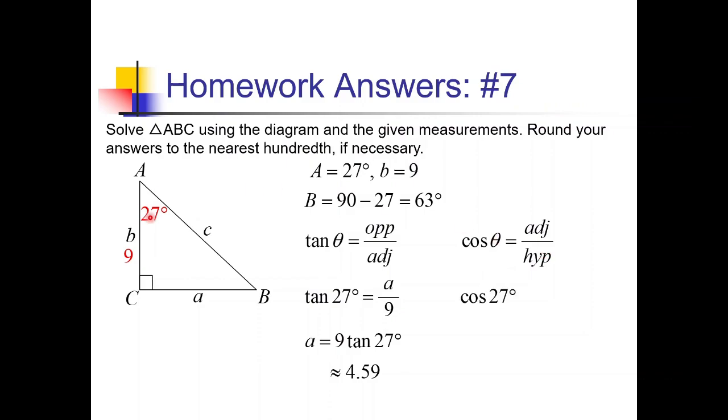So cosine of 27 now equals adjacent side 9 over hypotenuse C. Now to get C by itself, I have to multiply it to this side and then divide by cosine of 27. So I have C equals 9 over the cosine of 27.